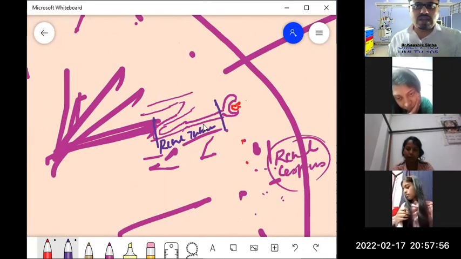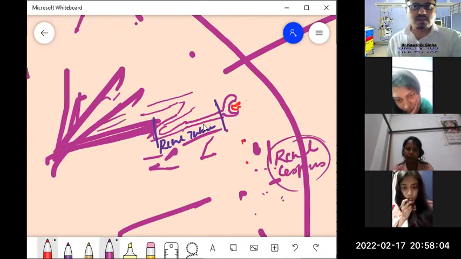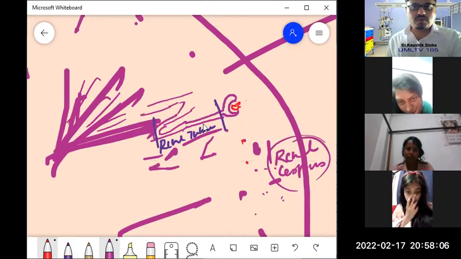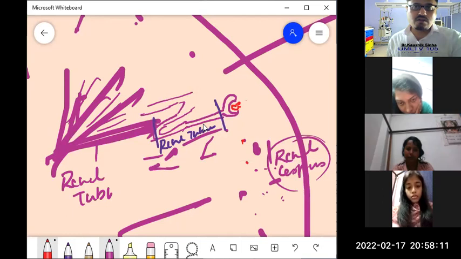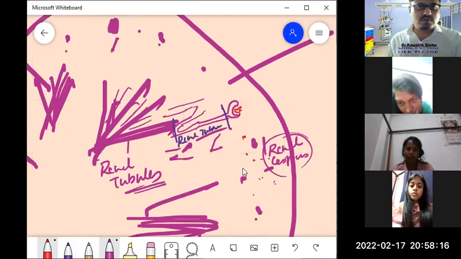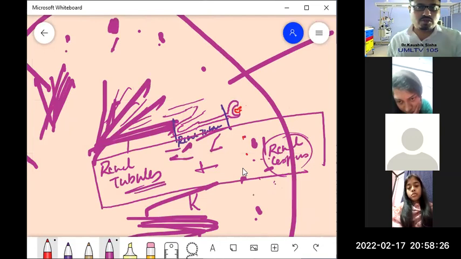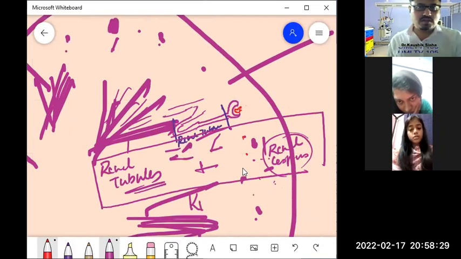So all the lines that we see in this middle part are basically the renal tubules. So the renal tubules and the renal corpuscles taken together are known as the structural and functional unit of the kidney, that is kidney nephrons, or simply nephrons.